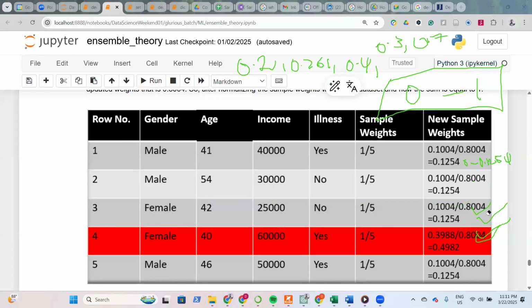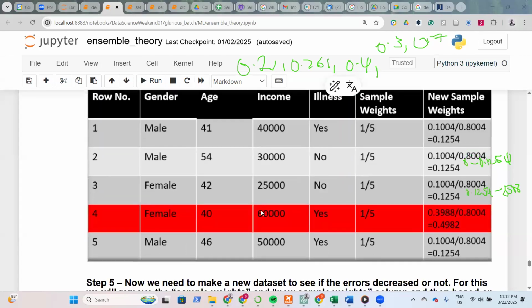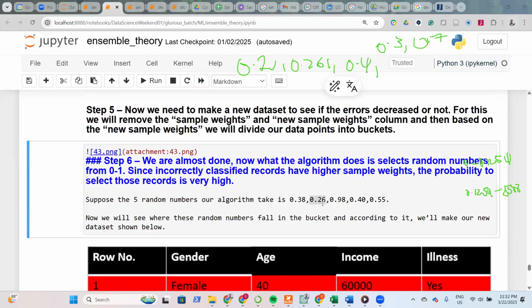Let me clean this so that we do not get an error here. And then this one is going to be 0.1254 to a maximum value of 0.2508. Yes, 0.2508.